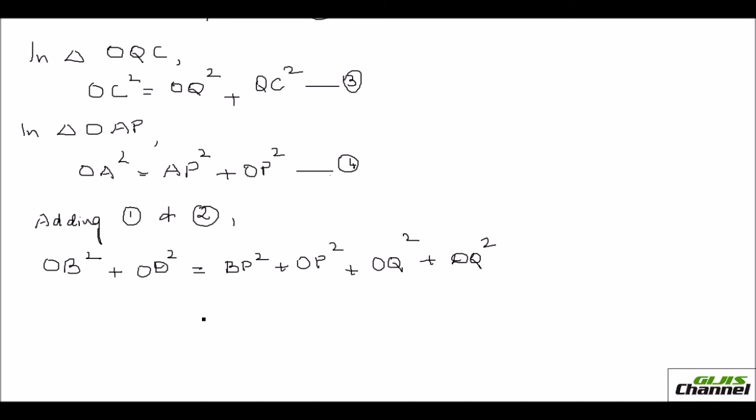So I am just going to replace this BP square as CQ square, plus OP square, I leave as it is, and OQ square as it is, and this DQ square I rewrite as AP square.